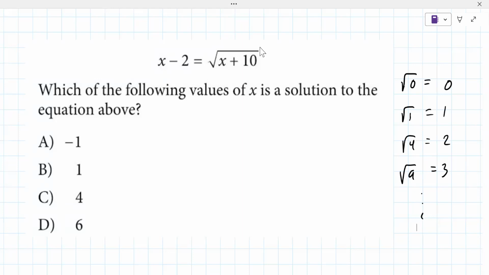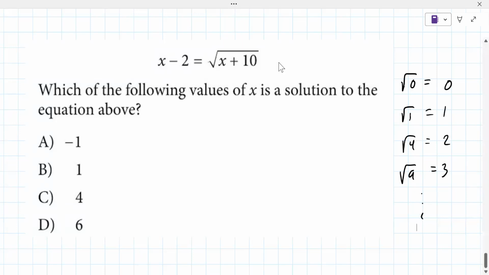You follow what I'm saying? So pick a value of x, one of these here, that you can actually take the square root of when you add it to 10. 2 plus 10 is 12. You don't know the square root of 12. Or are you trying to say put in 0?